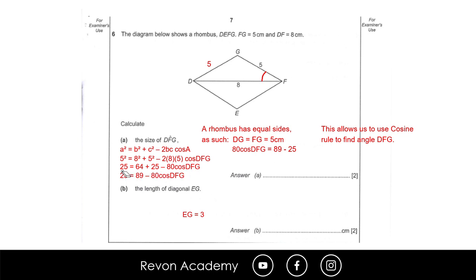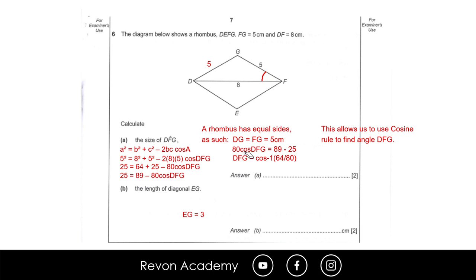It was negative, when it went that side it became positive, and we took the 25 and brought it this side as we did here. Then we find the value of 89 minus 25, that's 64 here. As you can see here, we did the subtraction, that's 64, and then we divided both sides by 80. That's why the 64 is divided by 80.